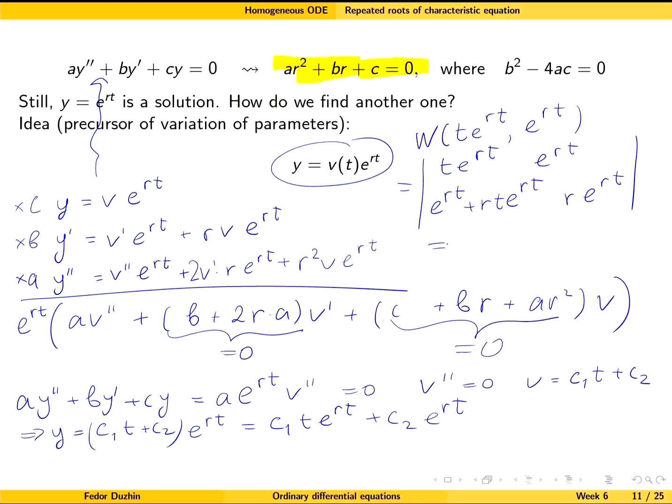Now I can take out e to the rt twice from both rows, so it is e to the 2rt times the determinant. Then when I multiply like this, I get tr minus, when I multiply like this, minus 1 minus tr, and this is minus e to the 2rt, which is non-zero, so they are linearly independent. Okay, done.